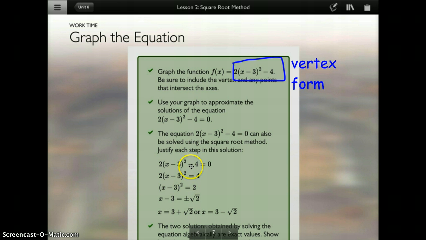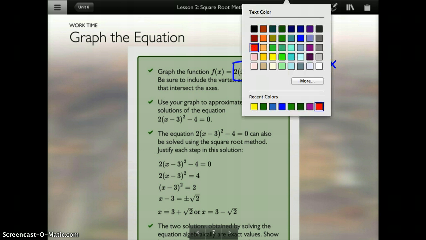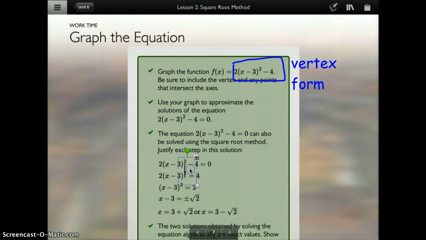They added 4 here, and they added 4 to this side. And when they added 4 to both sides, these two went away, and 4 is only on this side.